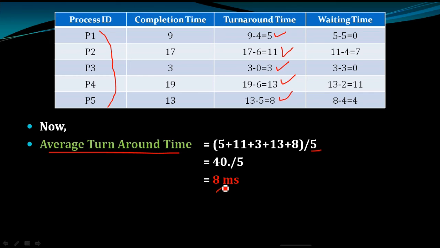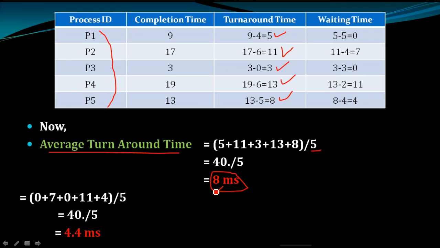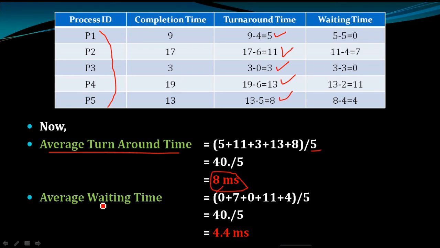Similarly, we can calculate the average waiting time. For calculating the average waiting time we add 0 plus 7 plus 0 plus 11 plus 4, divided by 5. So it will become 40.